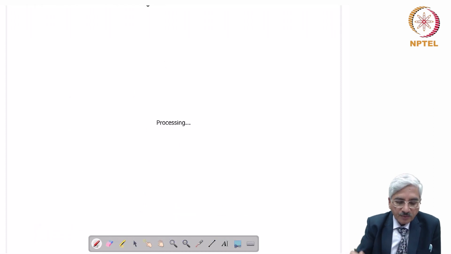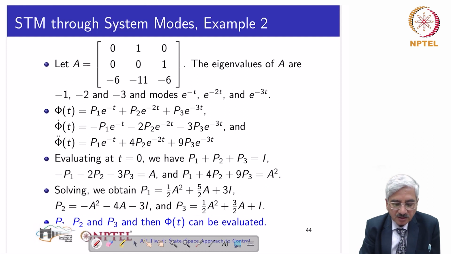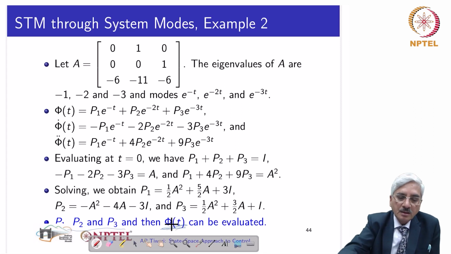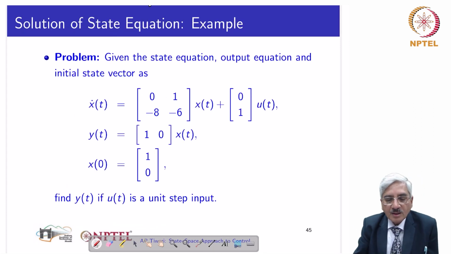And once we obtain P1, P2 and P3, then phi t can also be evaluated, which can be done by the student. We now solve a problem in which we build up the solution of state equation and time response of the output.